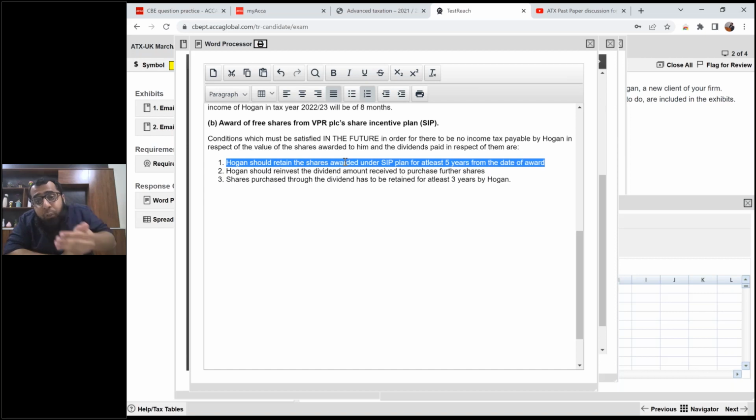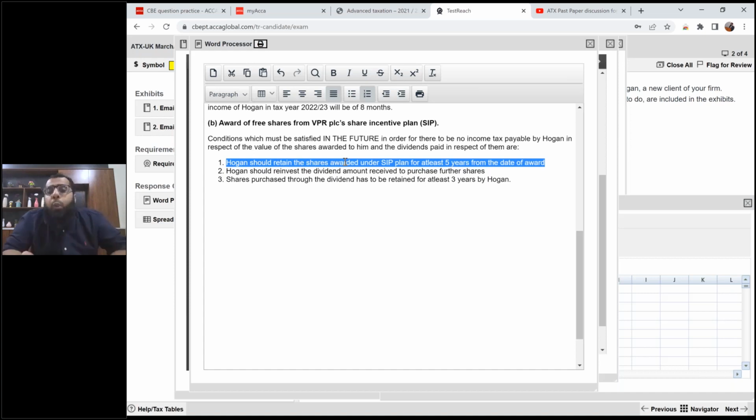If you sell within 3 years, the tax will arise on the disposal proceeds. If you sell within 5 years, there will be tax. Now, what will be the tax amount? If you sell within 3 years, the tax will be on disposal proceeds. If you sell after 3 years but before 5 years, then tax will be on the lower of two things: the disposal proceeds and the market value on the grant date.